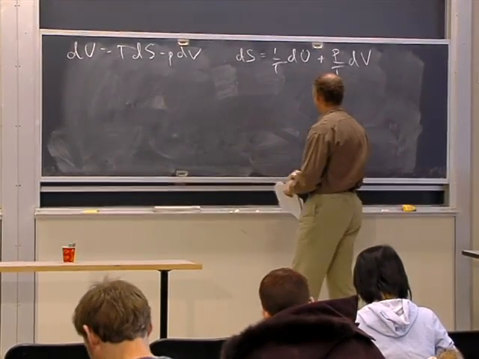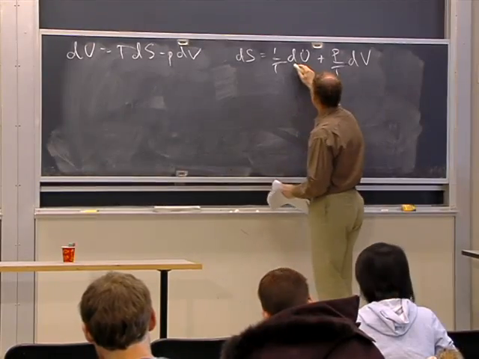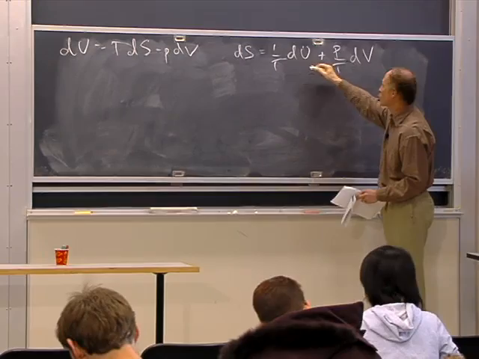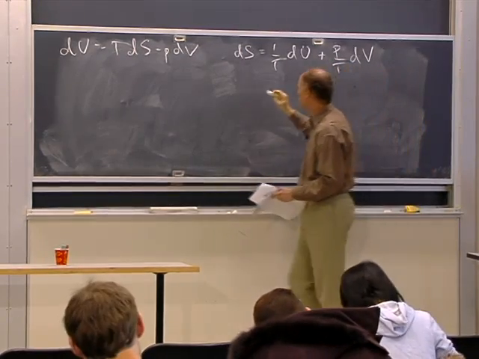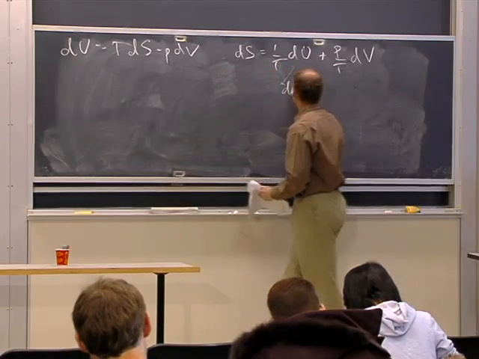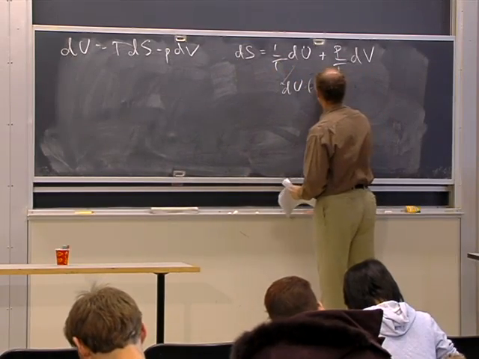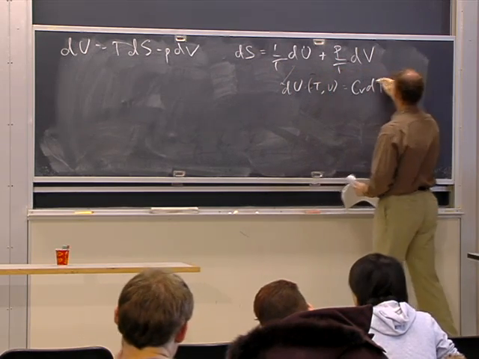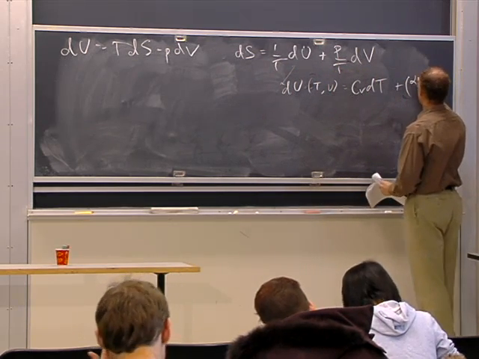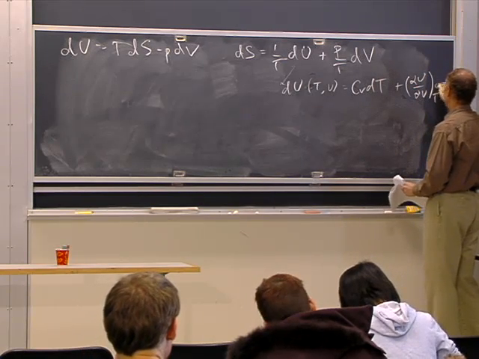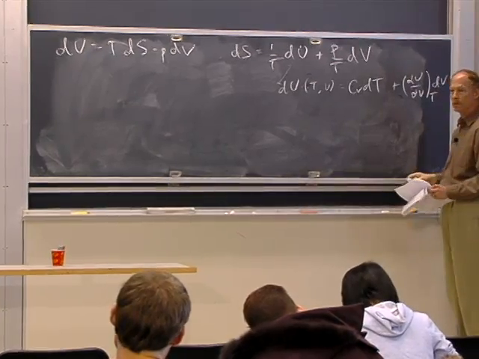And now if we go back to our writing of U as a function of T and V, we can write dU as Cv dT plus dU/dV at constant T dV.